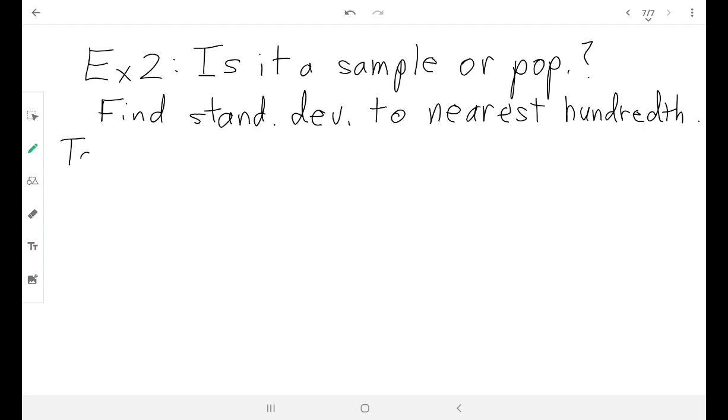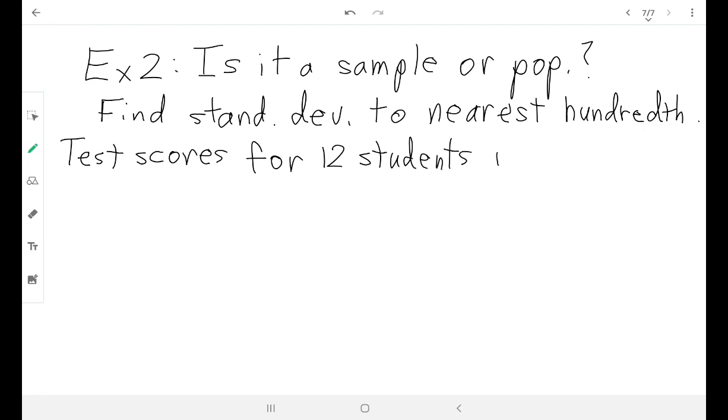So here's the data. It is the test scores for 12 students in a college math class.